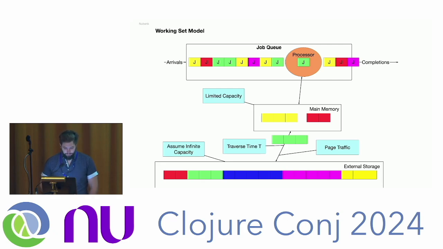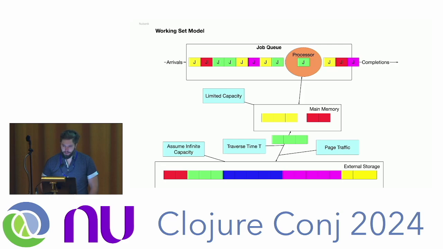And if we look at what's in between external storage and main memory, we can see that we're in the process of a data stall, where we are waiting to fetch the data from external storage into main memory to then begin doing work on it in the processor.